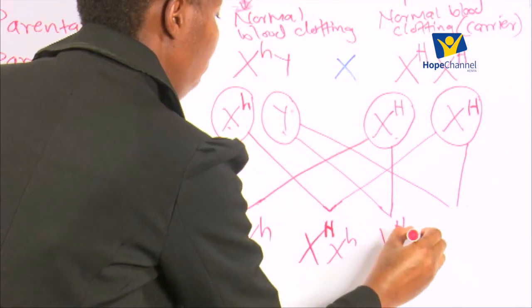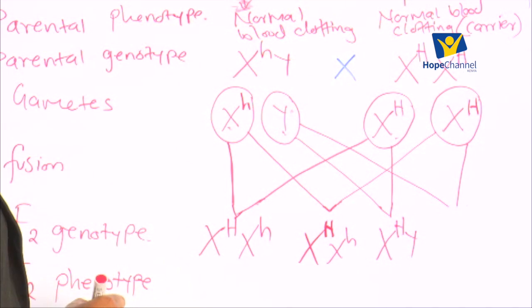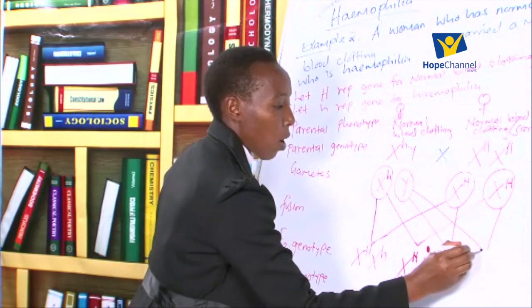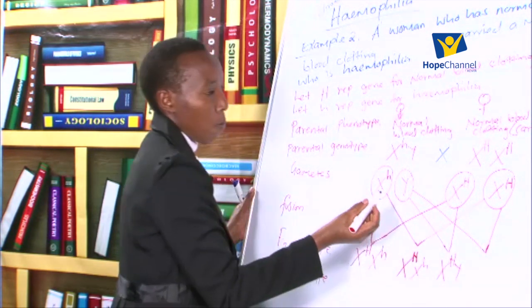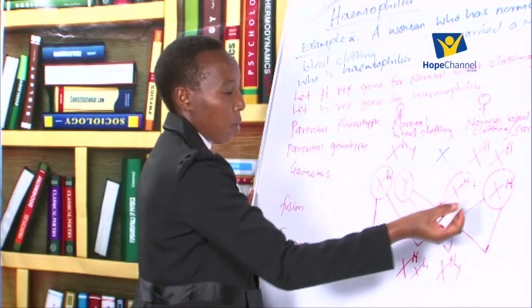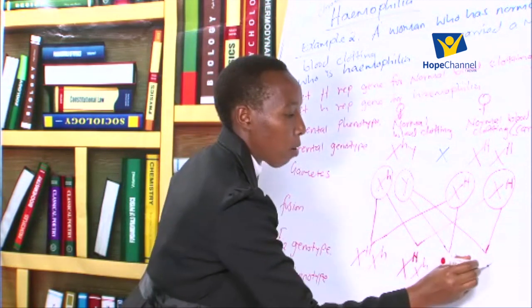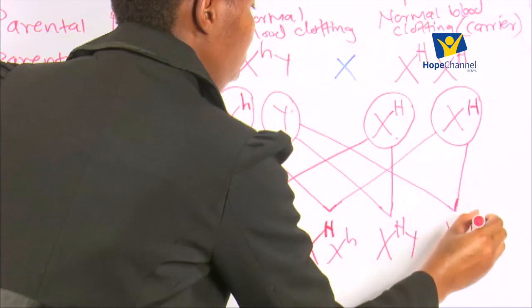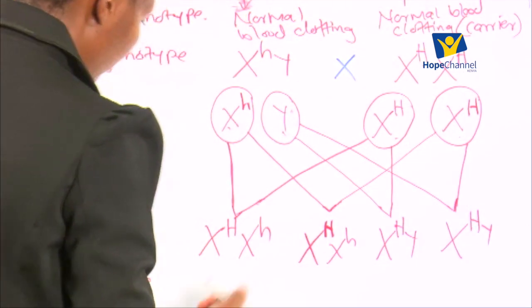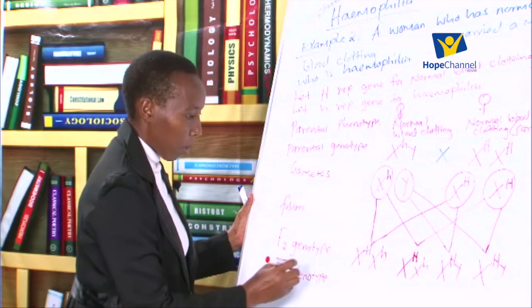We are going to have a boy, and in this case the boy is very normal. Then we also have another fusion between the X from the female and the Y. Then we are going to have a boy who is very normal. So let's interpret, then we are going to give a comment on that.